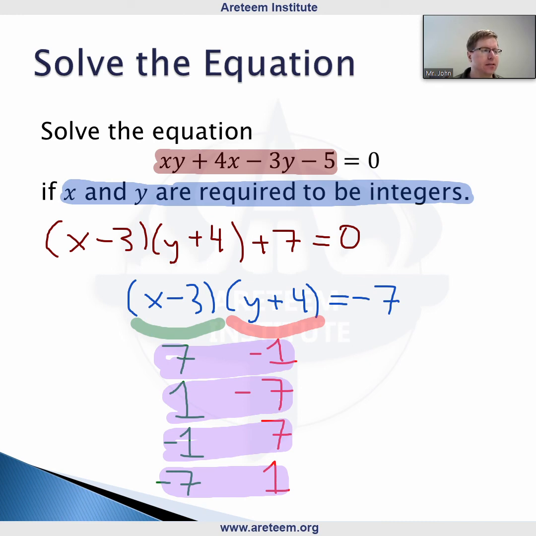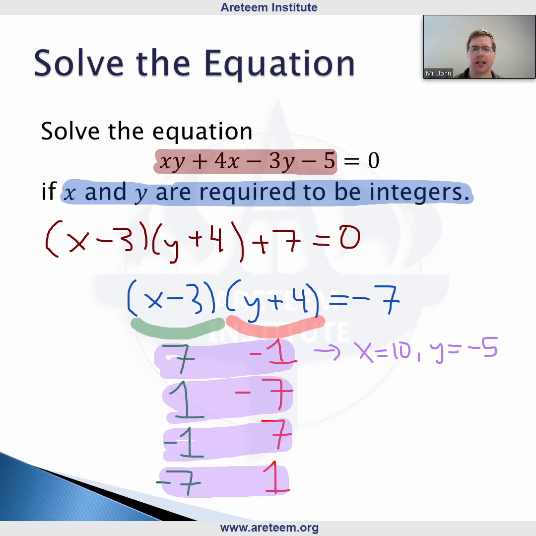All right, so these are the possibilities we're looking for. Looking at them one at a time, if x minus 3 is 7, then this tells us that x is 10. If y plus 4 is negative 1, subtracting 4, we get y is negative 5.